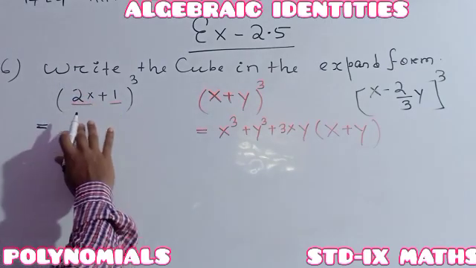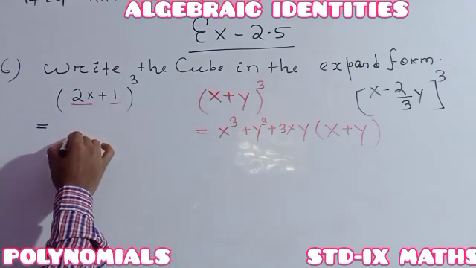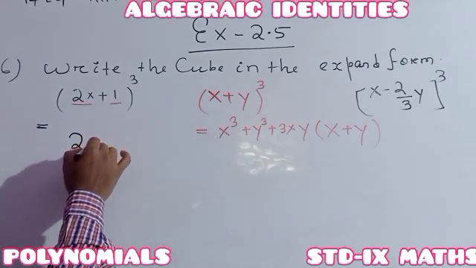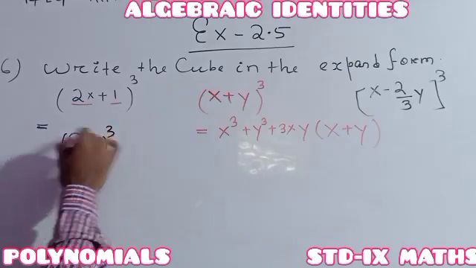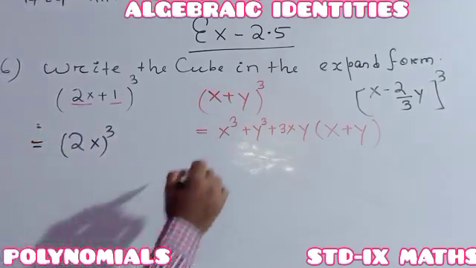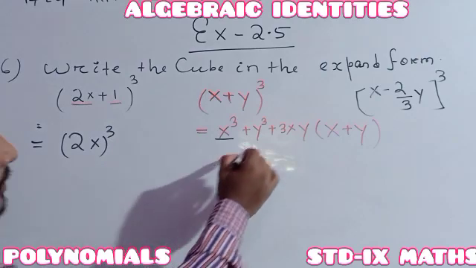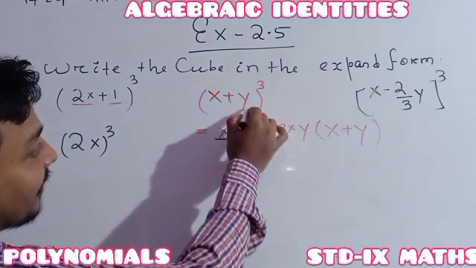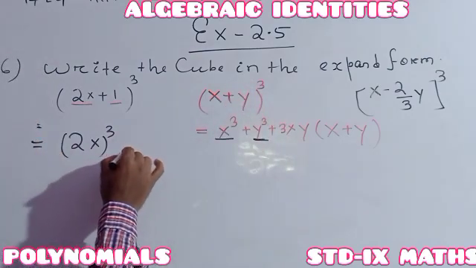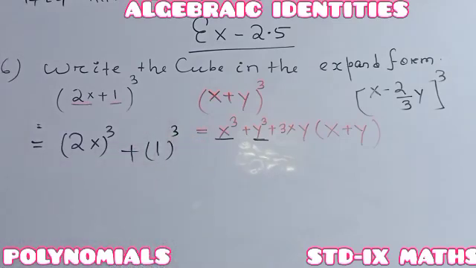For this, the formula will be first term cube. First term cube means 2x to the power 3. According to the formula, I wrote the first term cube. Then after that the second term, otherwise the last term cube, here also I am writing last term cube.